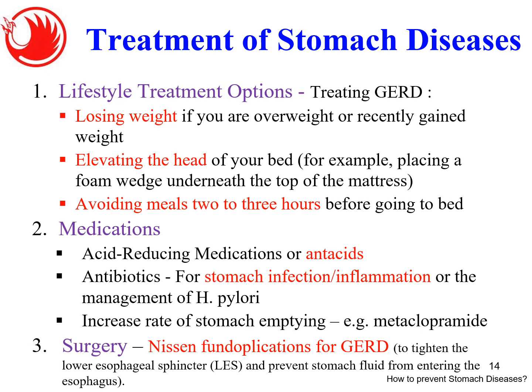This antibiotic is for the stomach infection and inflammation, so as to get rid of H. pylori. And the next one will be to increase the rate of stomach emptying, using another medicine, metoclopramide.